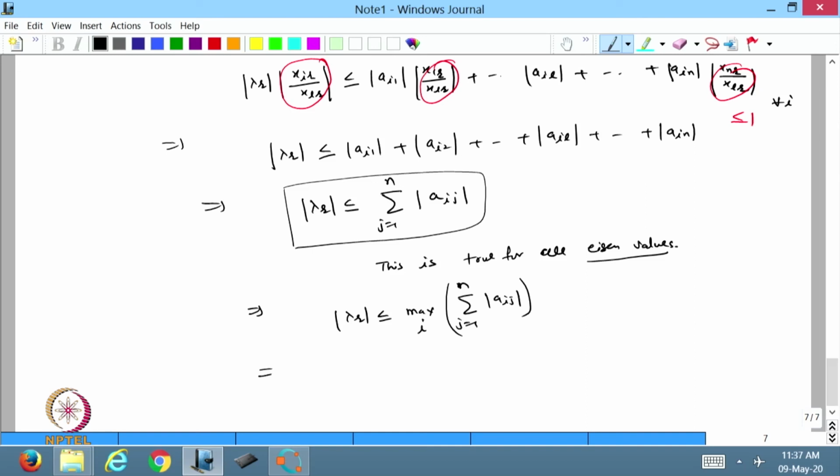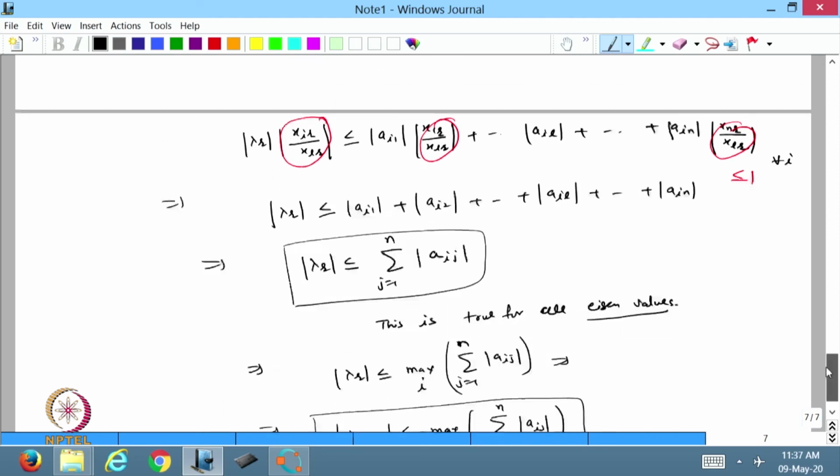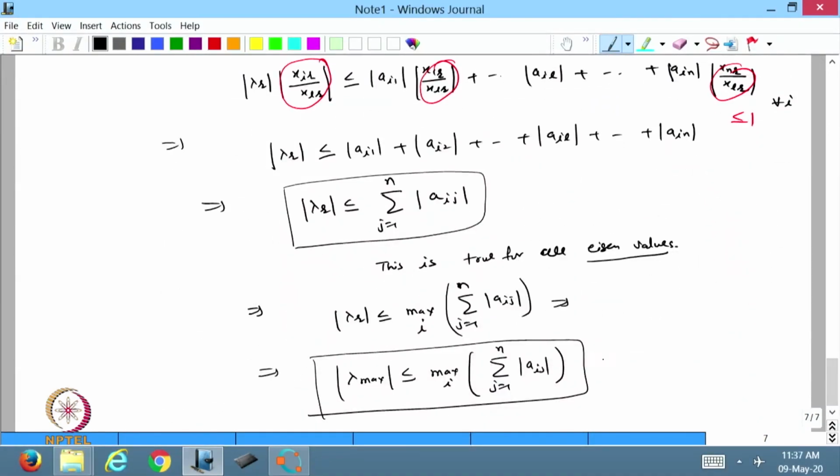And from here I can write that lambda max will always be less than this. Because this is true for all eigenvalues, I will choose the maximum eigenvalue in the modulus. So, that will also be less than or equal to this value. So, that is what I can write as equation 5.